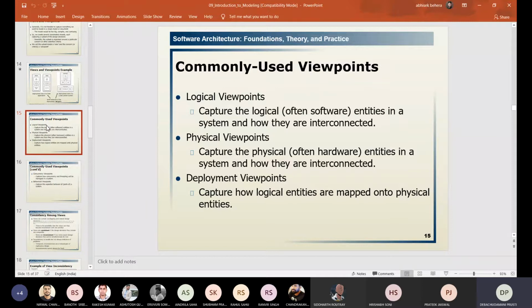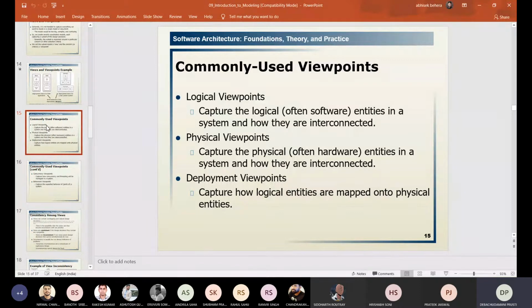And the physical viewpoint captures the physical entities in a system and how they are interconnected. The physical viewpoint is nothing but the hardware devices. Then the deployment viewpoint captures how logical entities are mapped onto physical entities.